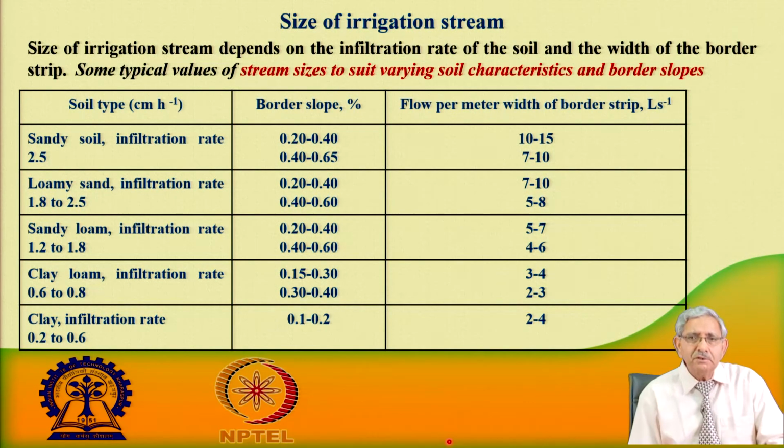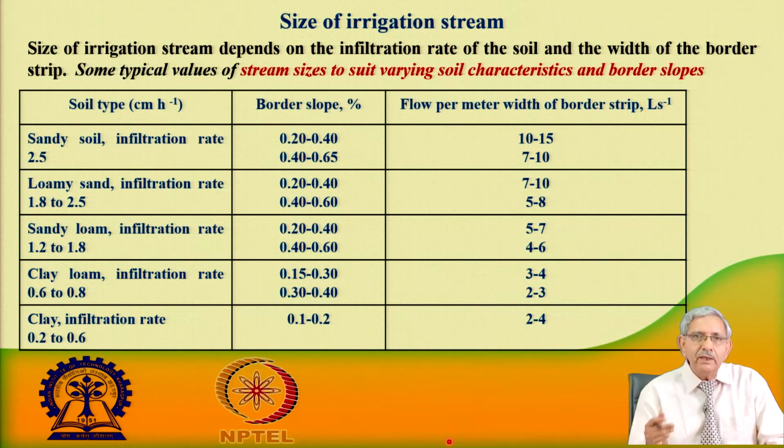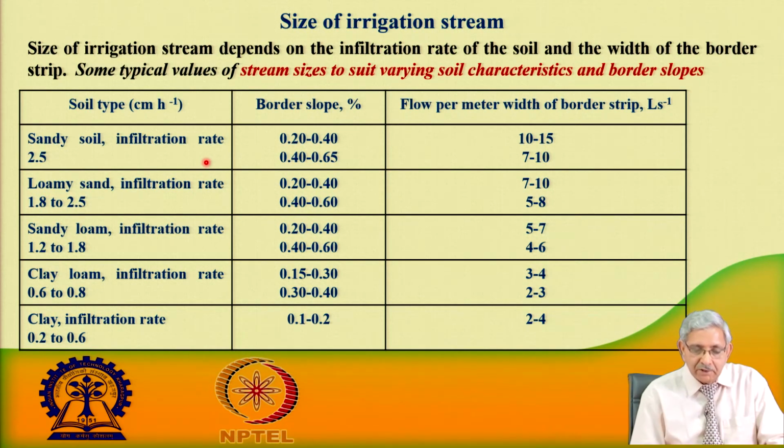Based on research studies carried out by investigators, they have recommended the appropriate size of the stream for different types of soils, soils having different infiltration rates, and the prevailing land slope.